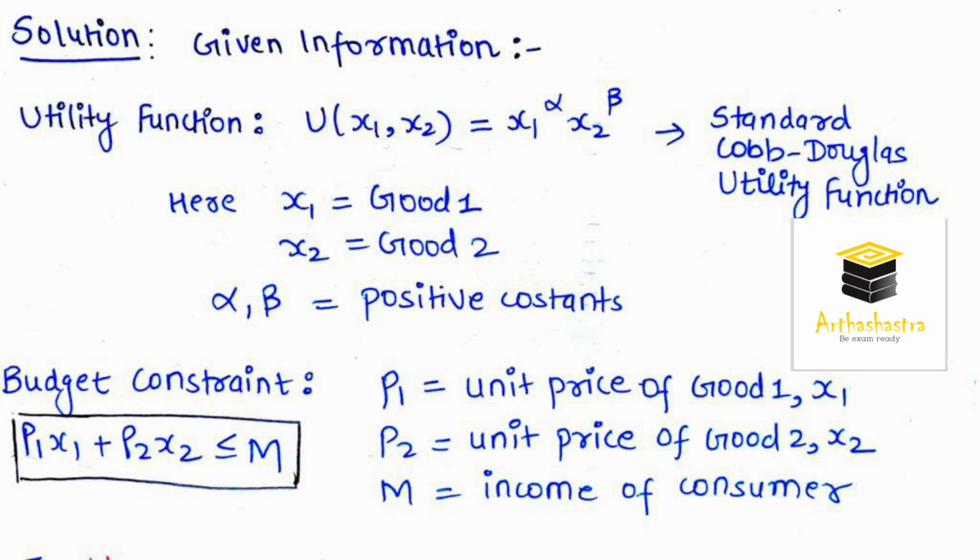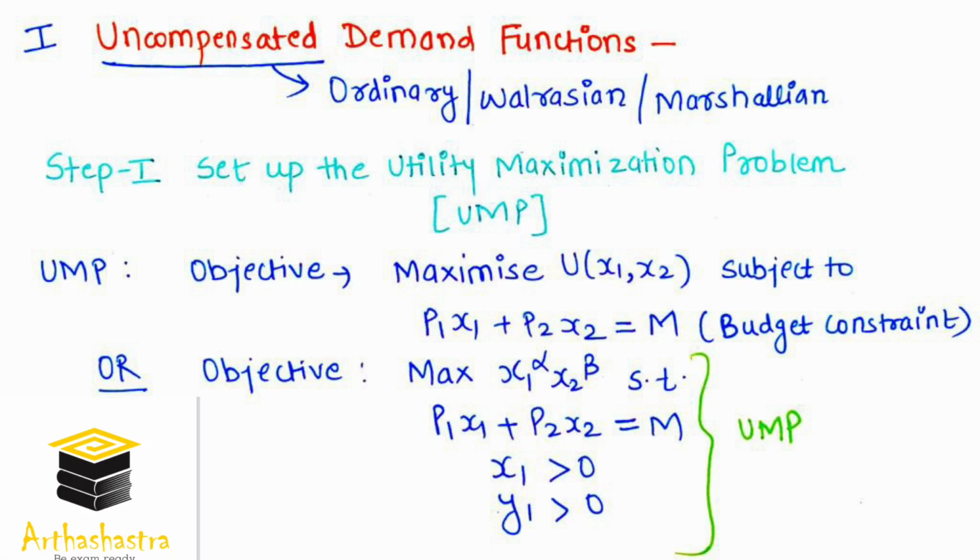So the first question asked is to find out the uncompensated demand functions. Uncompensated demand functions are also known as ordinary demand functions, Walrasian demand functions, or Marshallian demand functions. You might encounter any of these terms in the examination.